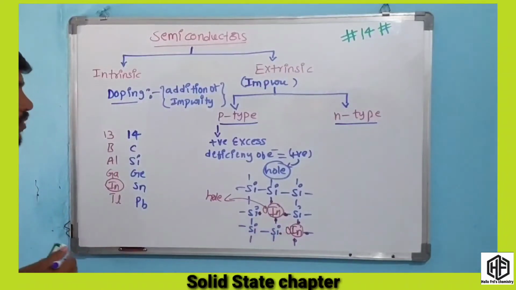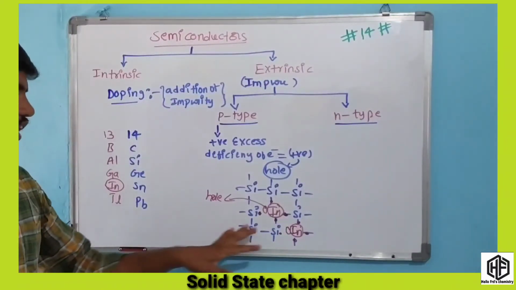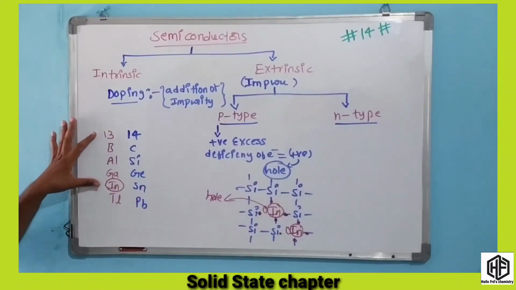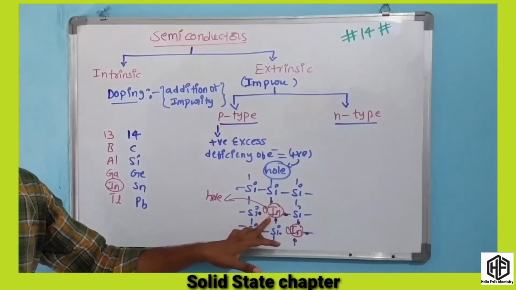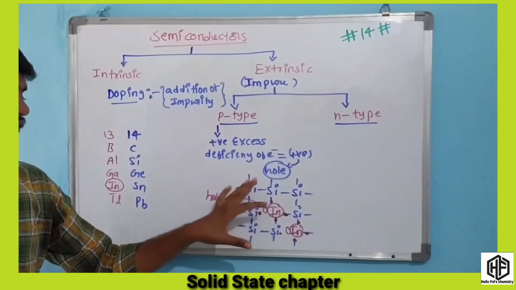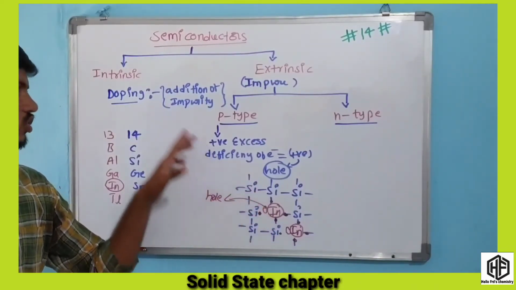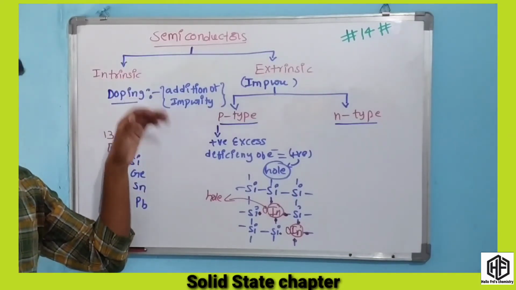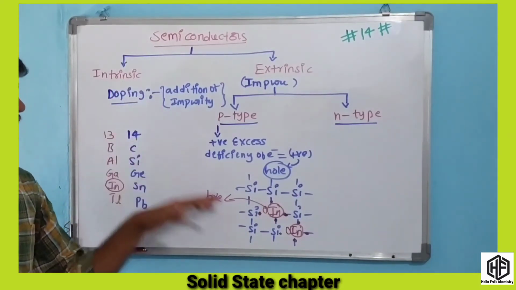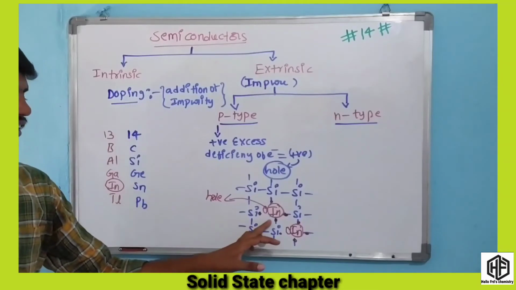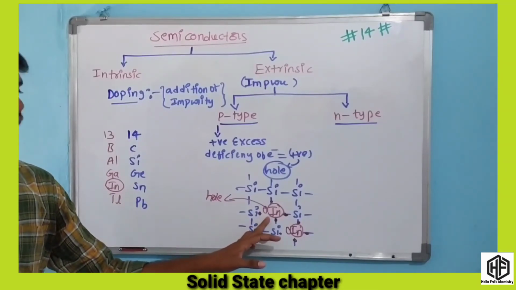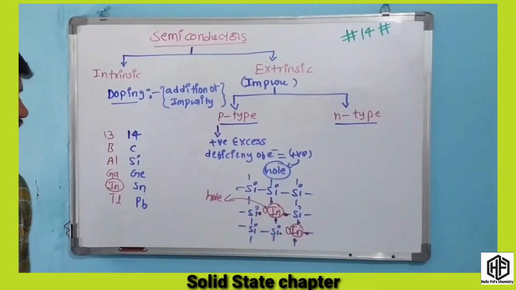Okay friends, this is the silicon crystal lattice. When an impurity from the 13th group is added to this silicon crystal lattice, what happens there, friends? The silicon crystal lattice is also called an intrinsic semiconductor, but with the addition of a 13th group impurity, holes are created. Whenever holes are present, what happens, friends?